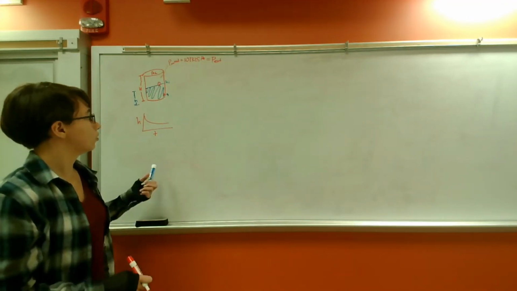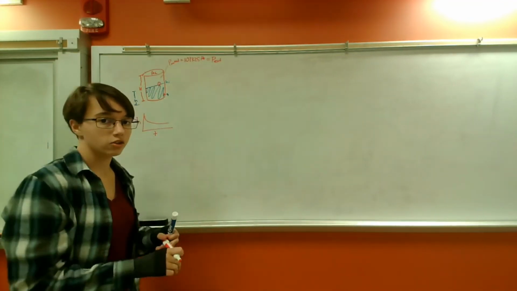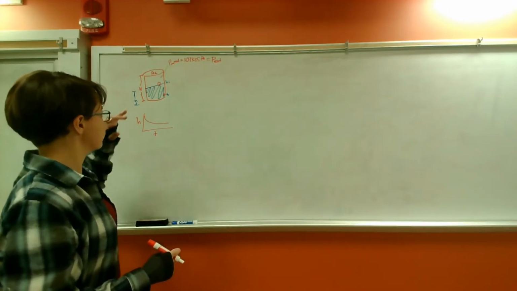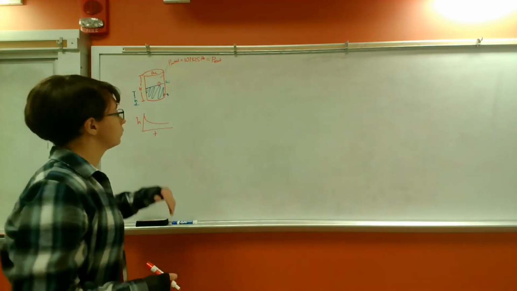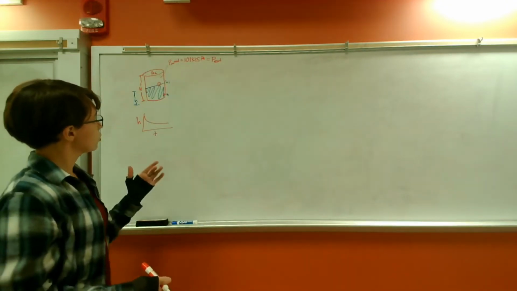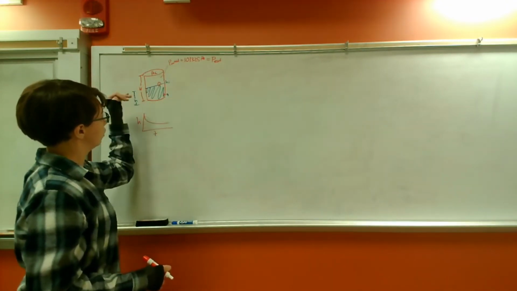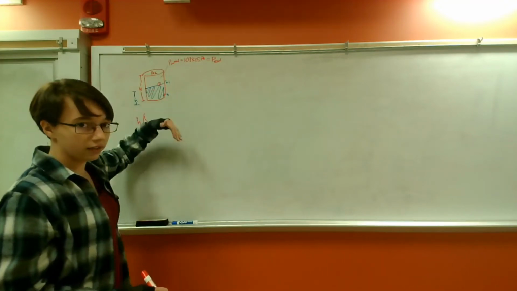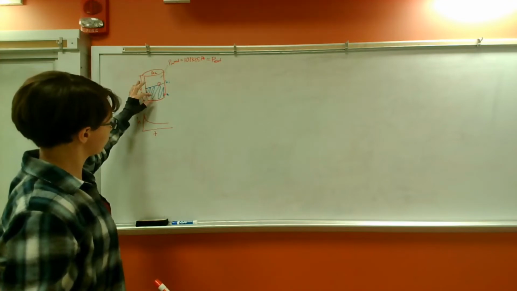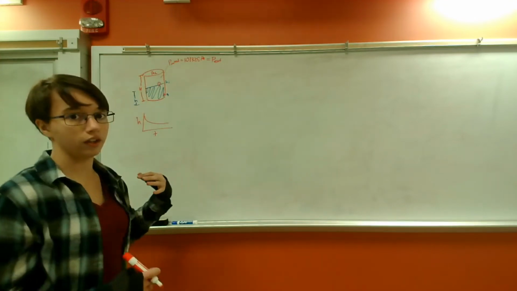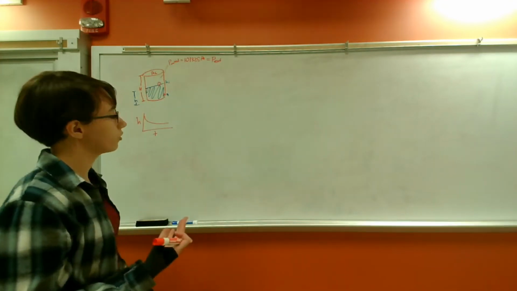All right, so what do we know about this situation? We know that the pressure inside here is originally atmospheric pressure, and then as liquid starts flowing out, the volume of the liquid is decreasing, which means the volume of the air inside is going to be increasing.